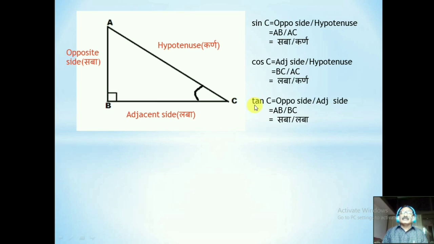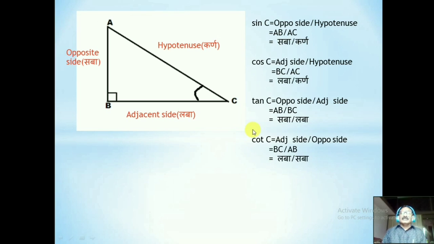Then tan of angle C is equal to opposite side upon adjacent side, means AB upon BC. In Marathi, tan C is Saba Chhed Laba. So sin C Saba Chhed Karna, cos C Laba Chhed Karna and tan C Saba Chhed Laba. सबा म्हणजे समोरील बाजू, लबा म्हणजे लगतची बाजू आणि कर्ण.